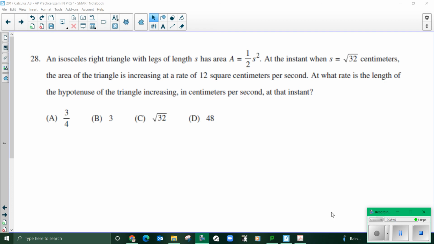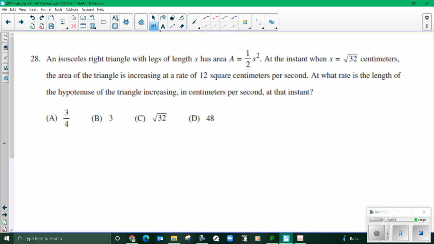If I call the hypotenuse h, well, let's not even get there first. Let's do what they give us first, in the order they give it to us. Obviously I need to find the rate that the hypotenuse is increasing, so it should be a positive value.